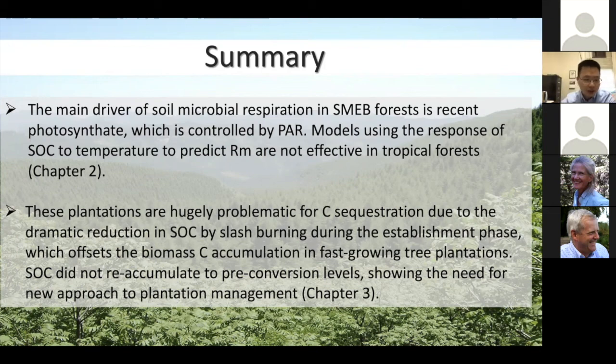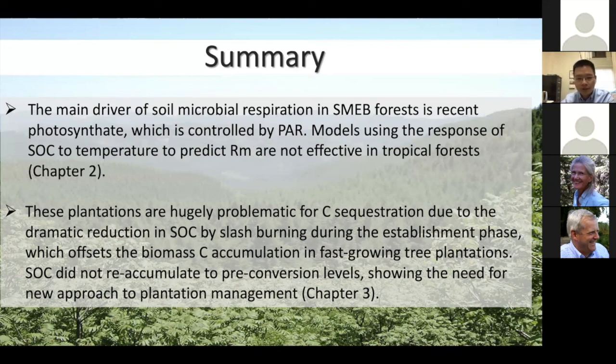But my results found these tree plantations are hugely problematic for carbon sequestration, due to the dramatic reduction in SOC by slash burning during establishment, which offsets the biomass carbon accumulation in fast-growing tree plantations. I also found the SOC didn't accumulate to pre-conversion levels, showing the need for a new approach to plantation management.